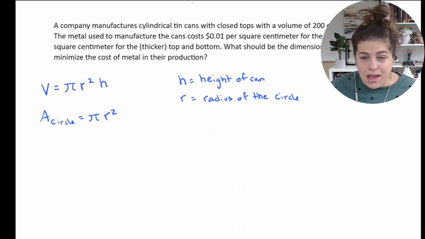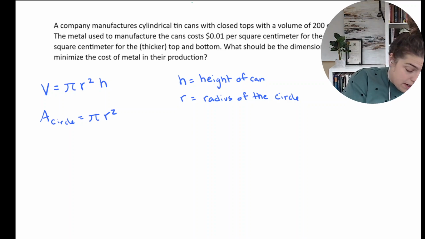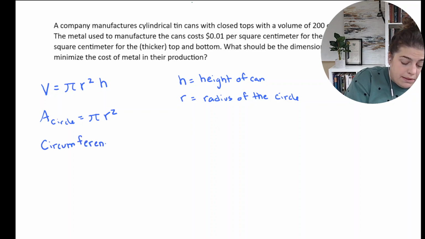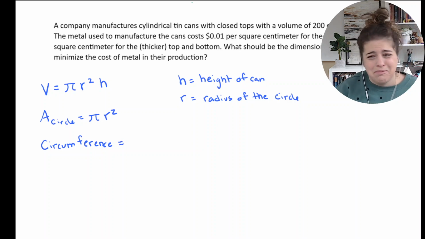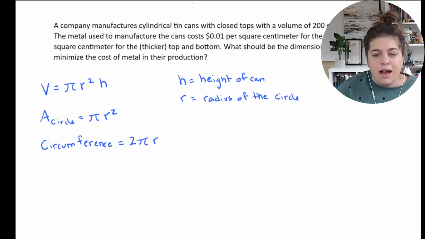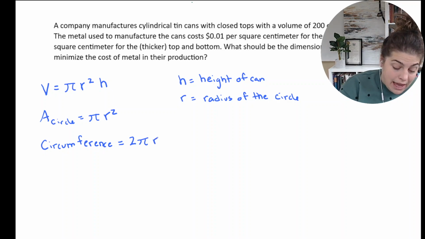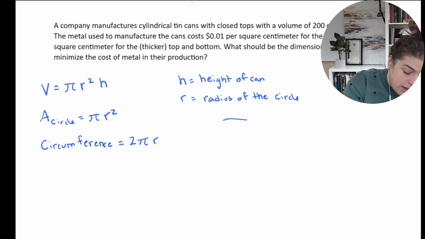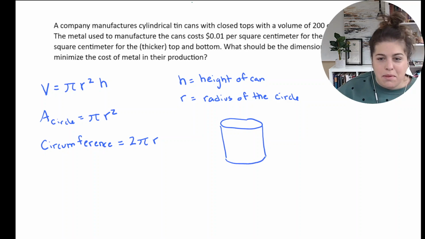Okay. And then the other thing that we needed was the circumference. If I spelled this wrong, please do not yell at me. This is 2 pi r. So again, when we think about a can, it's that circle, straight down type thing.